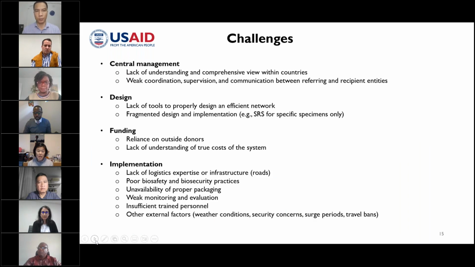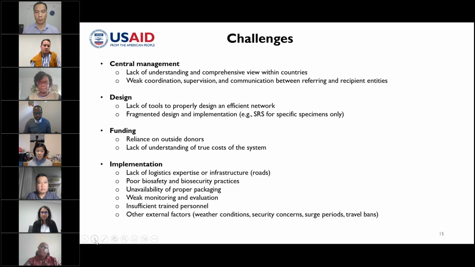However, there are many challenges both to the design and the implementation of specimen referral systems. There are challenges around management. So oftentimes in a country, there's not a very comprehensive view and understanding of what specimen referral systems exist in a country. And there is oftentimes very weak coordination, supervision, and communication.